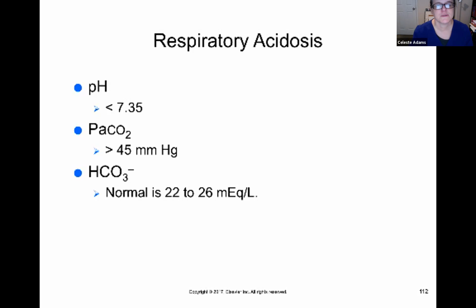So if your CO2 is greater than 45, you know you've got a respiratory problem going on. And the bicarb in respiratory acidosis is going to be normal. Why do you think the bicarb would be normal?